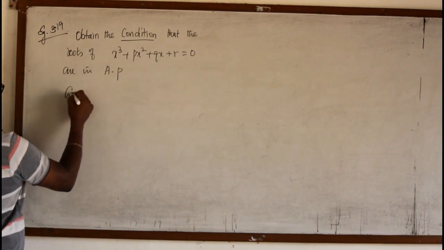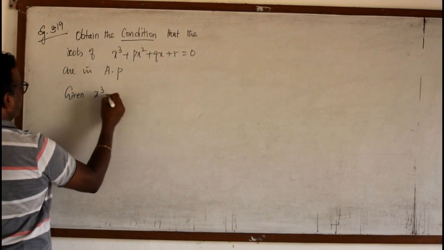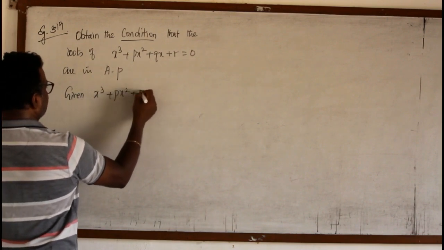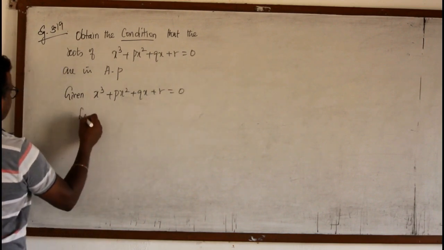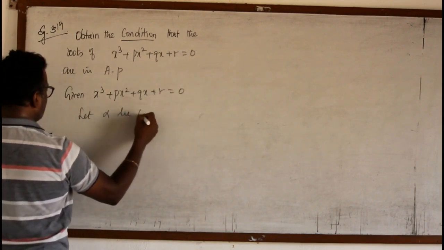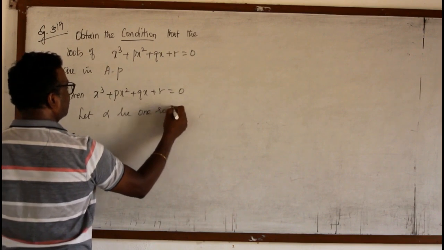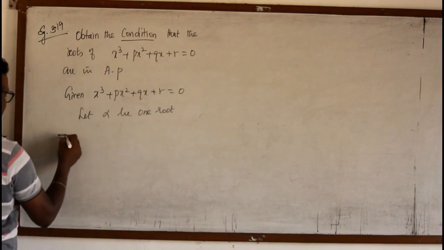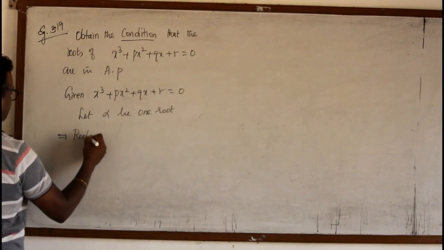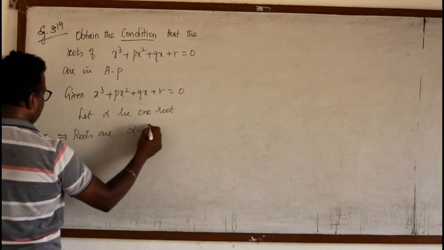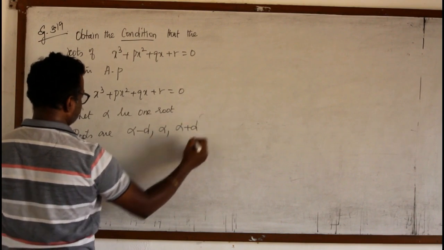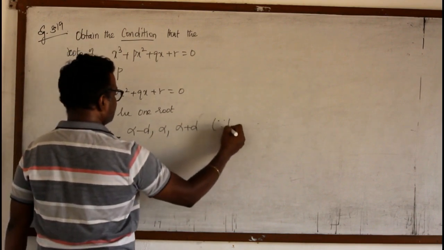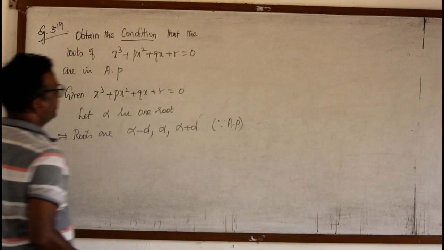Suppose given x cube plus px square plus qx plus r equal to 0. Let alpha be one root. Then this implies roots are alpha minus d, alpha, alpha plus d, since roots are in AP.